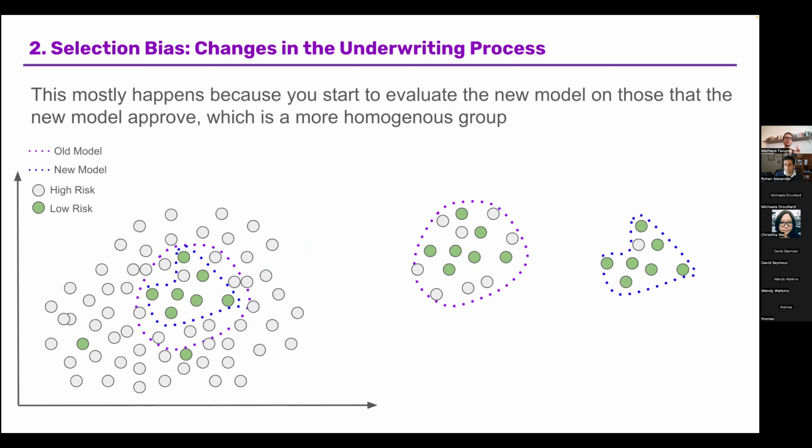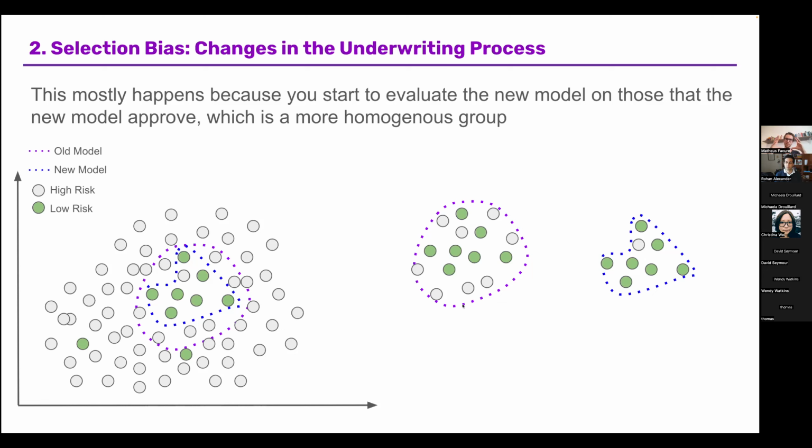And if you think about what the models are doing, let's say that you have the old model, which is the purple one. The purple one is saying, okay, everything inside the circle is low risk, so I'm going to approve all these customers here.